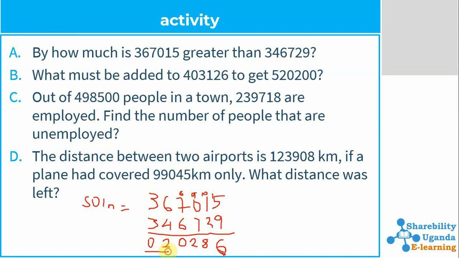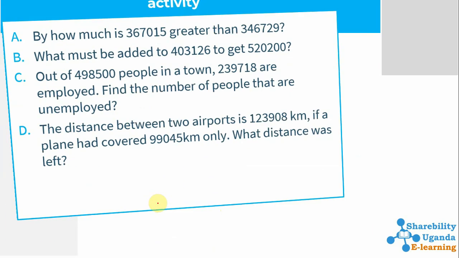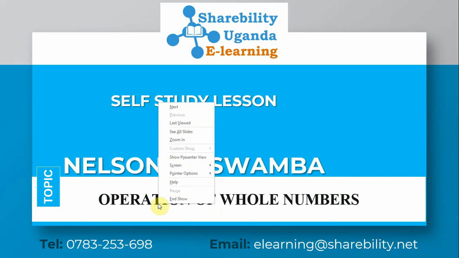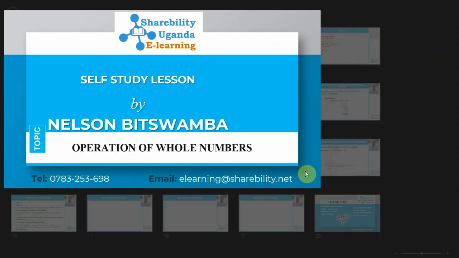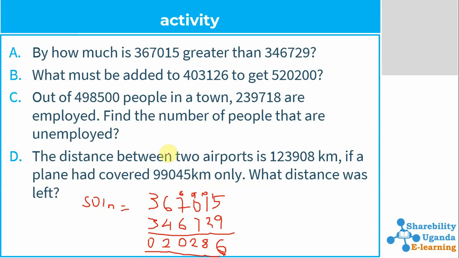So in simple terms, the number is greater, and they are asking how much this is greater than this. The number 20,286 is the number which is needed to make this equal to this.